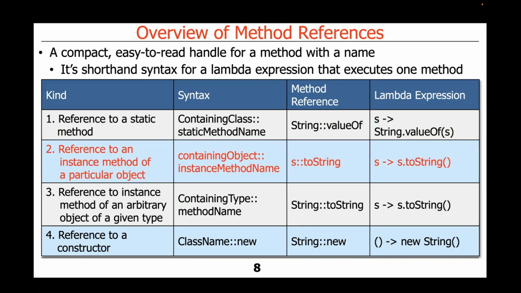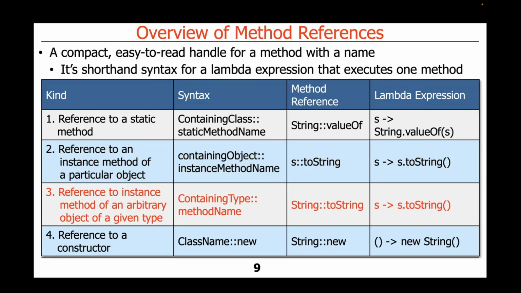You can also have method references that provide a reference to an instance method of a particular object. So if you have some object s of type String, then you can say s:: and the name of the instance method. So s::toString, for example. And that's the method reference that corresponds to the lambda expression s arrow s.toString(), which is a bit more verbose.